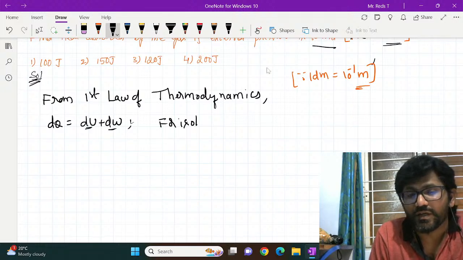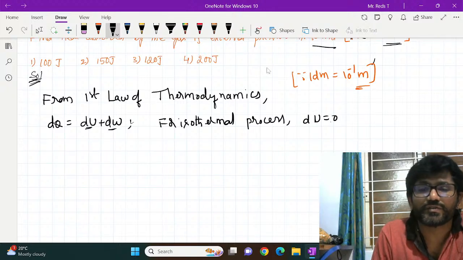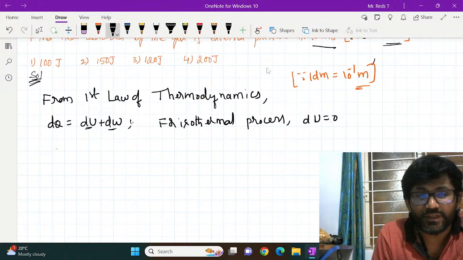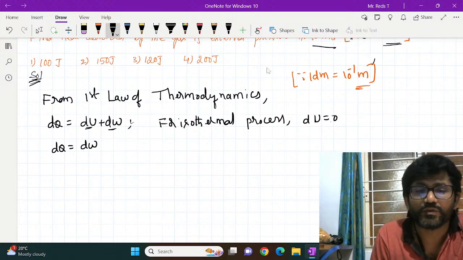For an isothermal process, dT is 0 and hence dU is also equal to 0. Change in internal energy is 0. Therefore, whatever heat you have supplied is used to do the work. dq equal to dw, or simply you can say q equal to w.